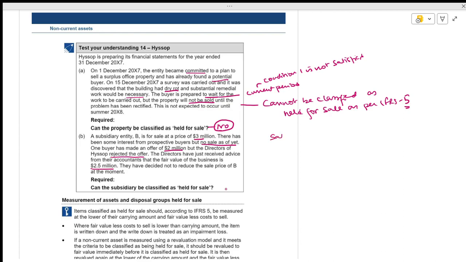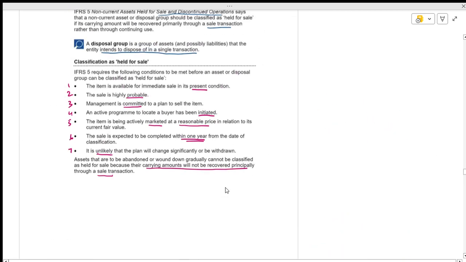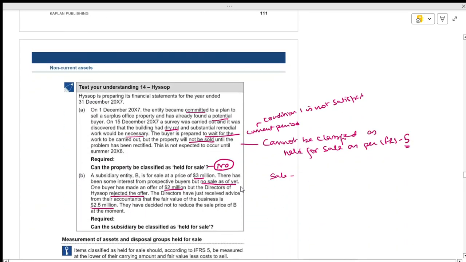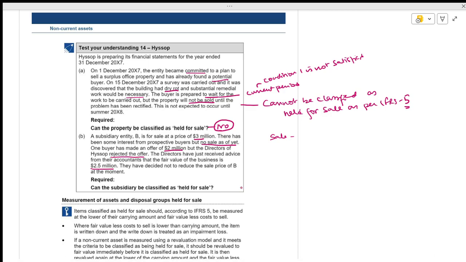See the thing. What they say, go with the things. Is it right? Point number 5: the item is being actively marketed at a reasonable price. Got my point? I will put it like this, so it will be very clear for you.